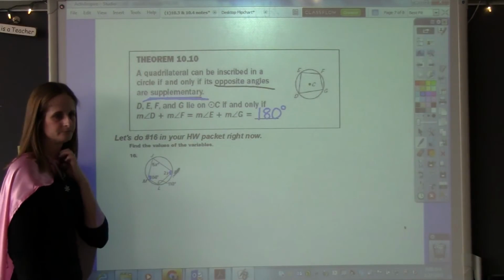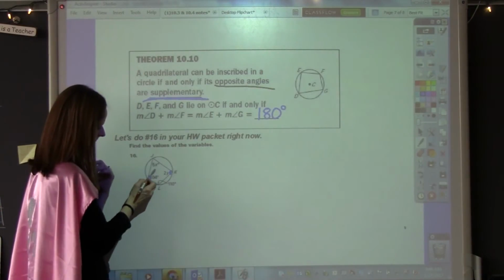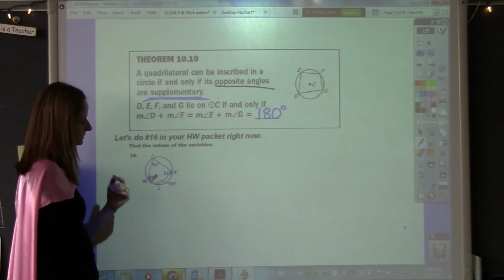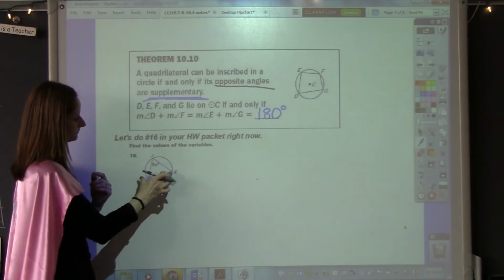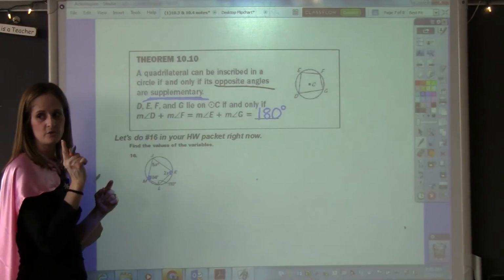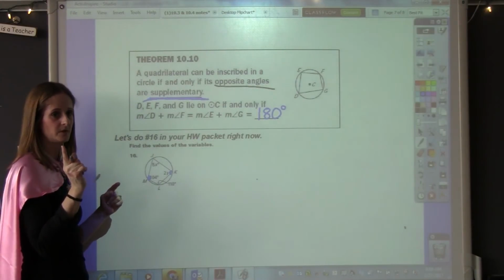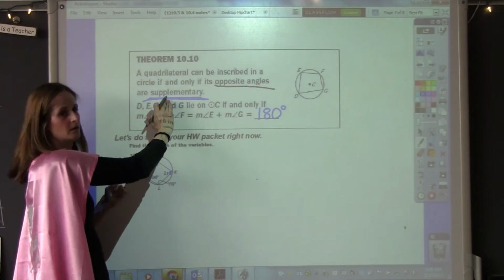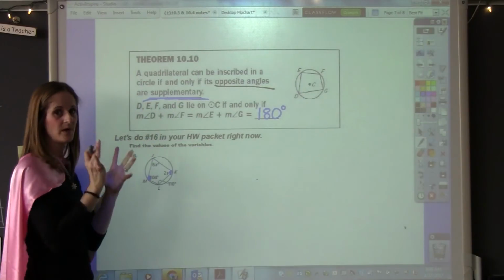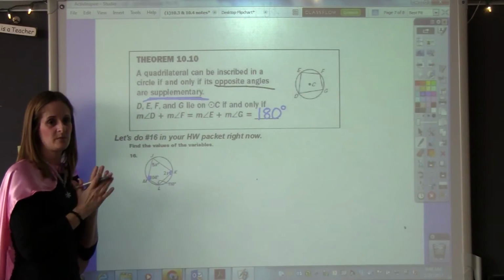Those are opposite. So what do we know about them? They're not going to be congruent. They were congruent in a parallelogram. They are supplementary. So how do we represent that? How do we write an equation to represent that?